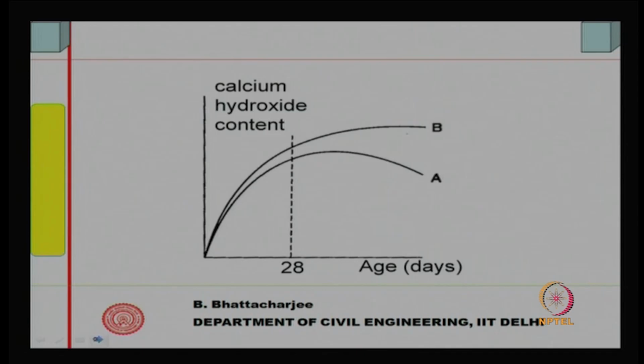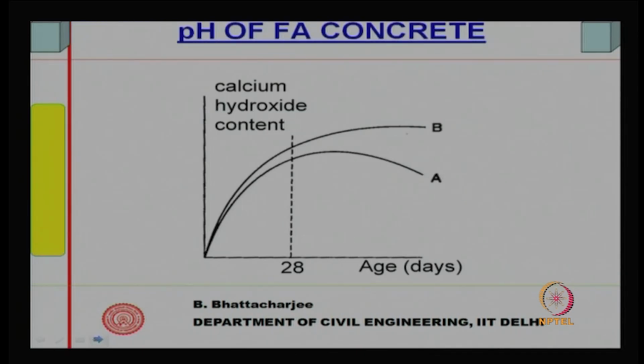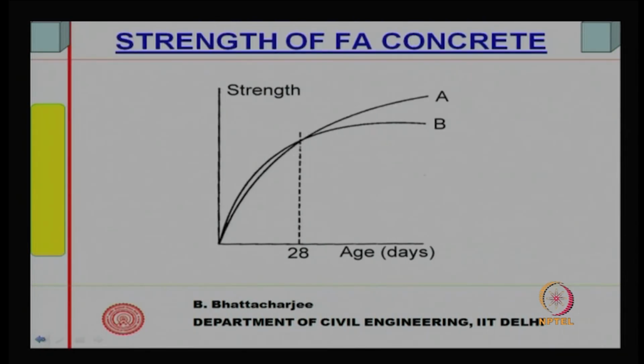In fact, if you see the calcium hydroxide content, in case of B, calcium hydroxide content is higher. Now, what is B? B is the ordinary concrete, A is the fly ash concrete. So, this is fly ash concrete, and this is no fly ash.